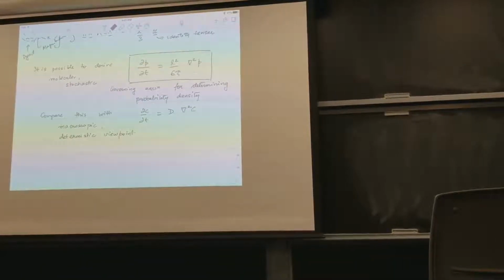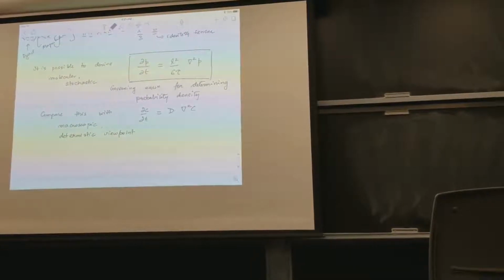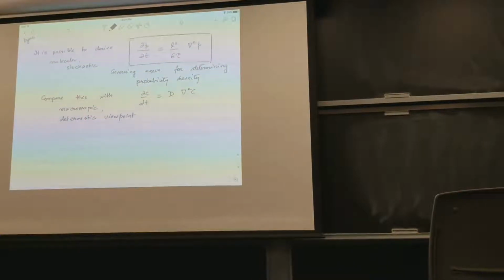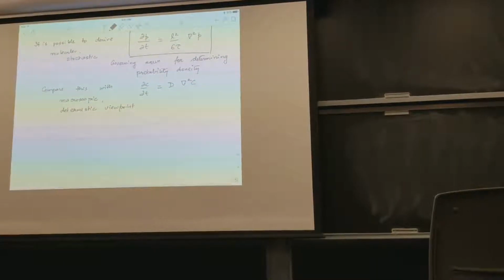They both will be equivalent if we can figure out how to correlate concentration and probability and diffusion coefficient and the prefactors. So let's call this A, let's call this B.